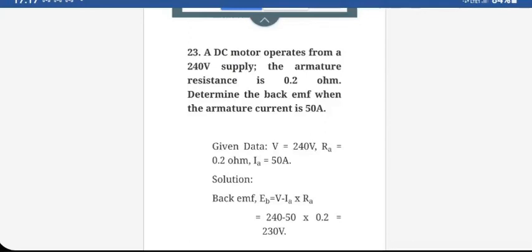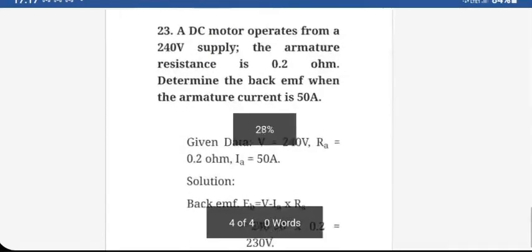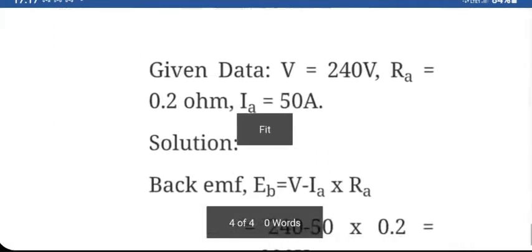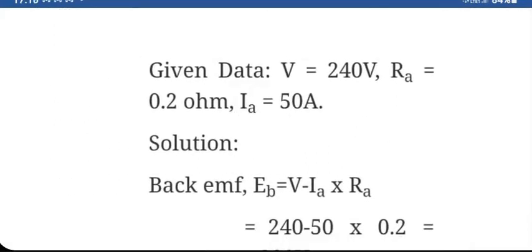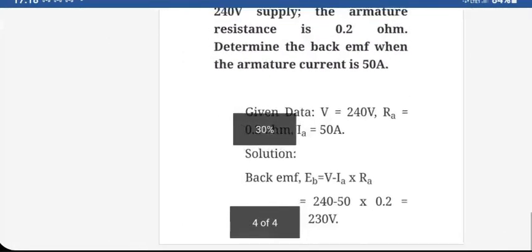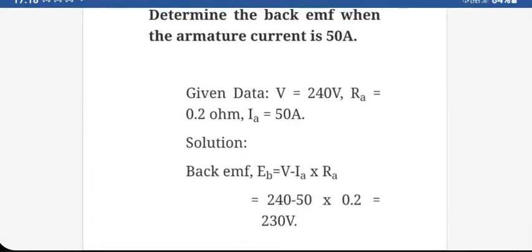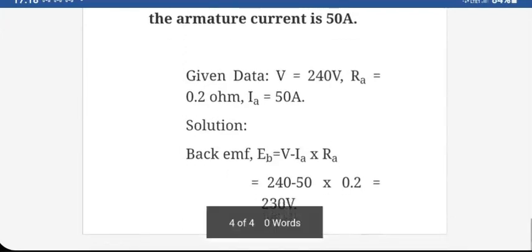You will have to know the field resistance. That has to be included here. EB will be V minus IARA minus IARF, because field resistance will be in series with RA in that case. But for all other cases, I think this equation is good. So back EMF turns out to be 230 volt based on this simple calculation.